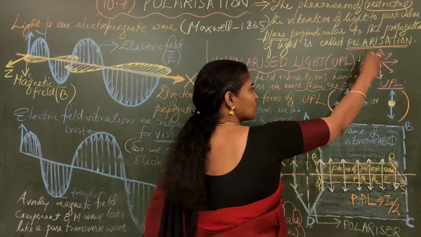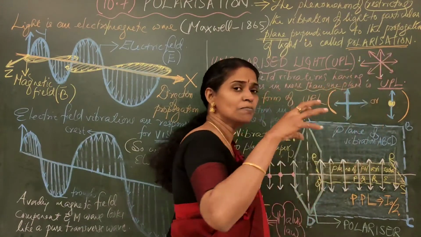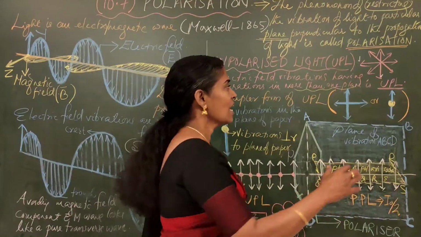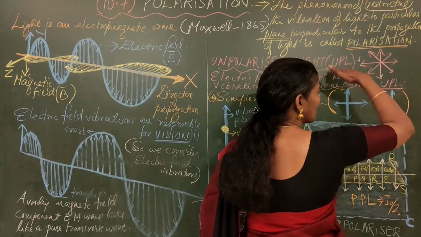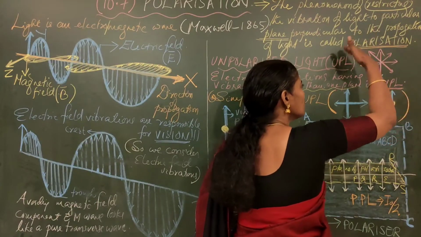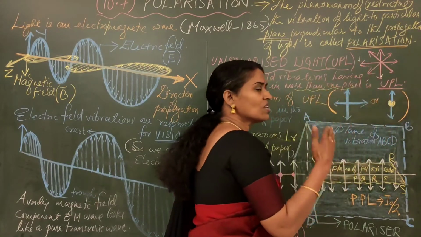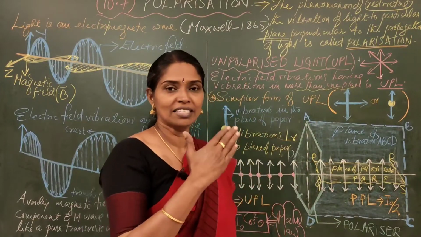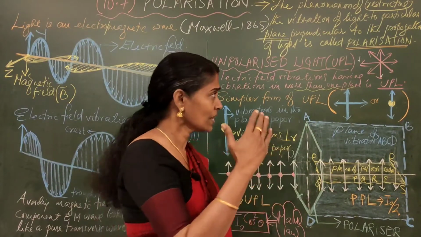This is the representation of unpolarized light, meaning an electric field vector can vibrate in this direction, or all the directions are possible for the vibration of the electric field vectors. Clear?